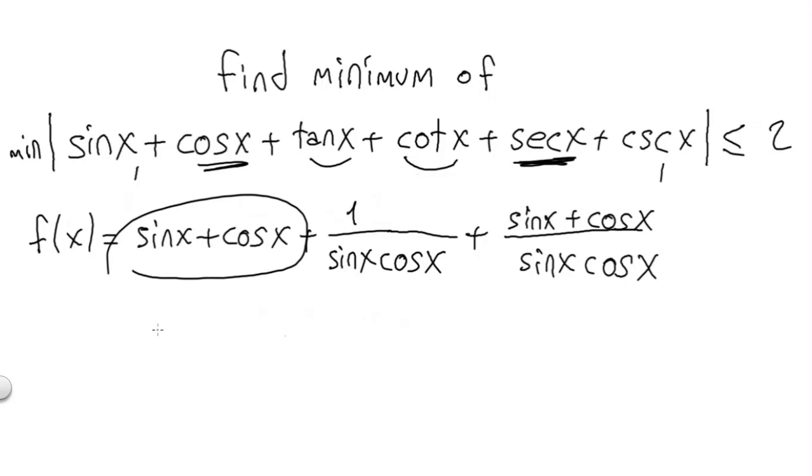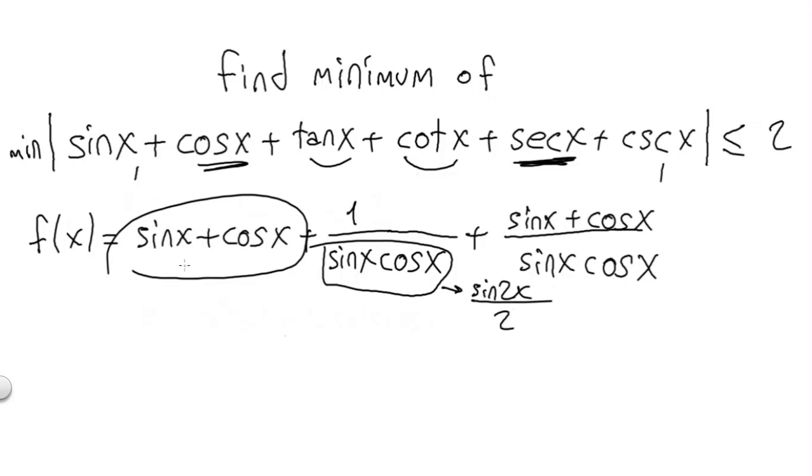Okay, so I'm going to try to express them in terms of each other. What I know is that sine x times cosine x is just sine 2x over 2, right? This is almost sine 2x, but it's half of it.